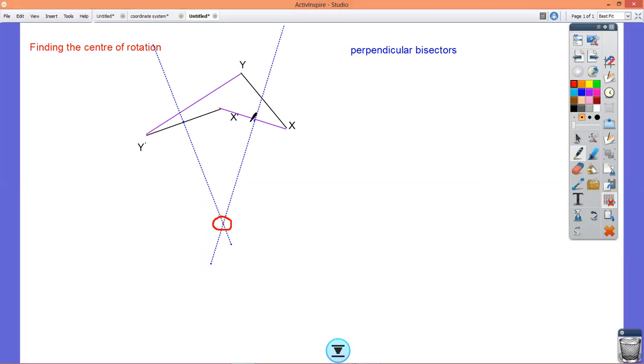This is the perpendicular bisector for x and x bar. Let me use the text.